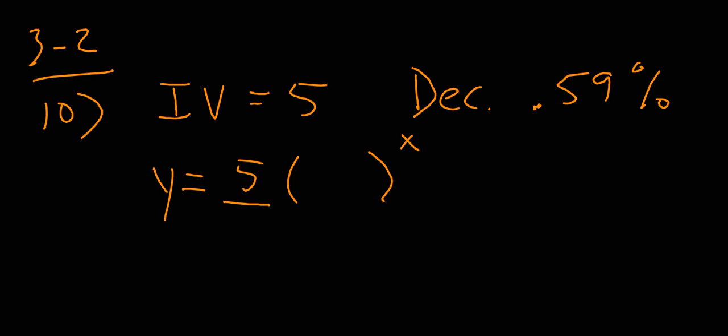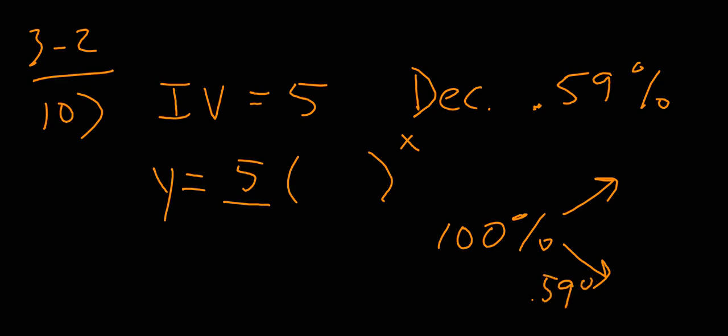Okay, now this is where I'm worried. What does every percentage start out with? 100%. And we either go up or down from there. We are going down 0.59%. What percentage is that? Isn't that 99.41%?